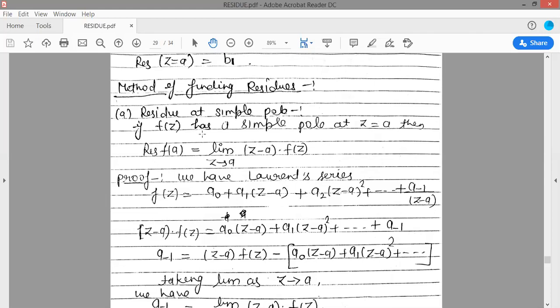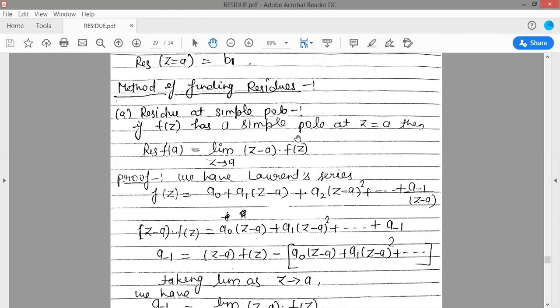So if f(z) has a simple pole at z is equal to a, then the residue of f at a means if you put z is equal to a, then your function will be changed into f(a). That means you are finding the residue of function f(z) at z is equal to a. So this will be the limit z tends to a of (z minus a) into f(z).